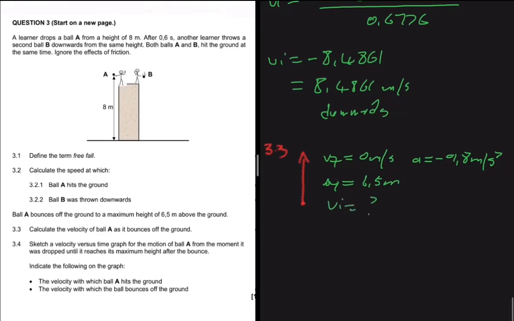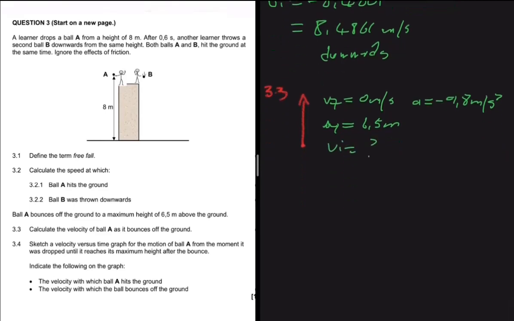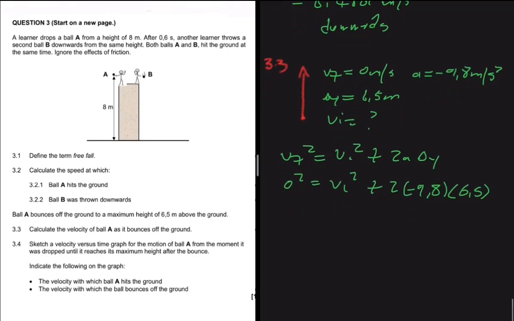So from the variables we have here, it should be easy to see that we can say that VF squared is equal to VI squared plus 2A delta y. So what is VF squared? That is 0, maximum height. And then what is VI? It's what we're looking for. And then plus 2A, minus 9.8, and then delta y, that is 6.5, right? So if we make VI the subject of the formula, we're going to get minus VI squared being equal to 2 multiplied by minus 9.8 multiplied by 6.5.